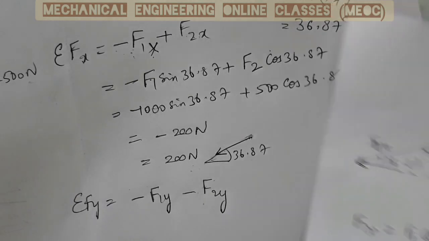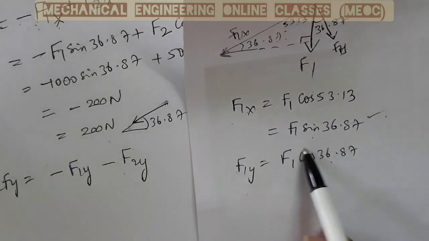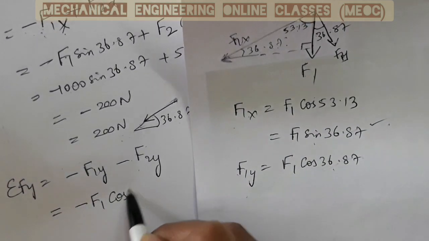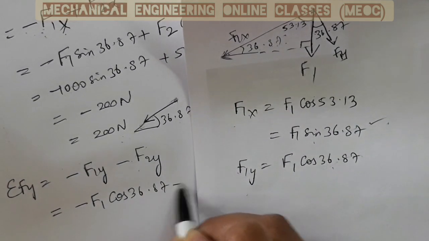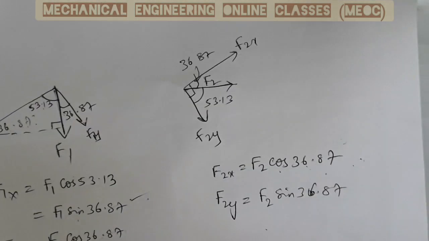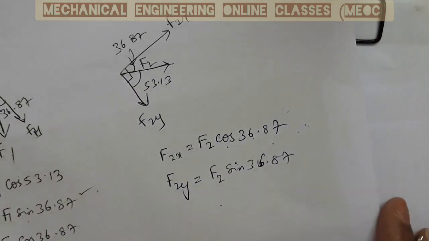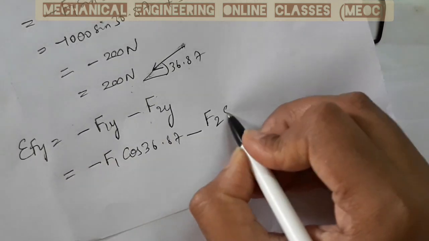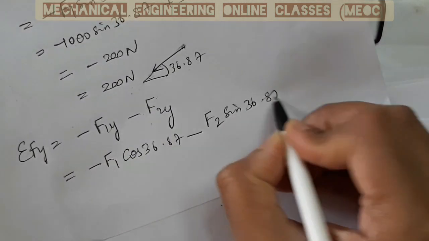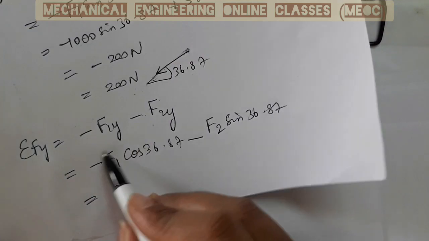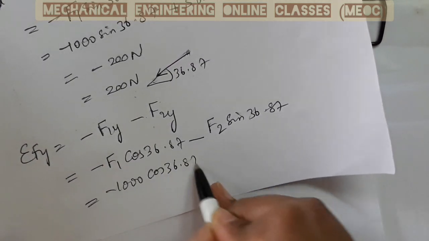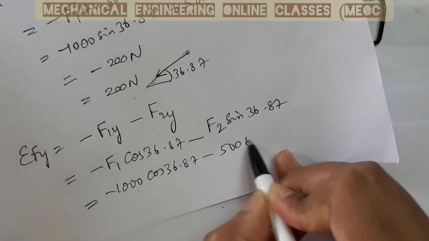So we have already found F1y. F1y is F1 cos 36.87 minus F2y is F2 sin 36.87. So this is 1000, this is 500.